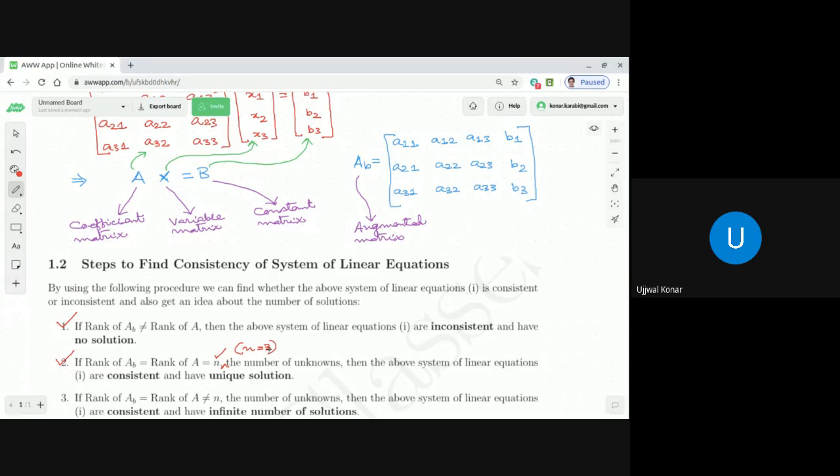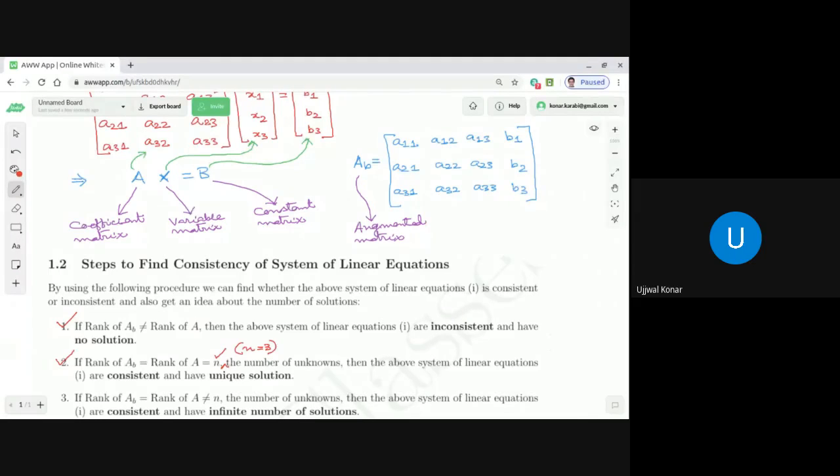Correct? So if the rank of the augmented matrix is equal to the rank of the coefficient matrix is equal to the number of unknowns, because rank of a matrix is a natural number, dear students. Suppose in this particular case we find the rank of the augmented matrix equal to 3 and the rank of the coefficient matrix equal to 3, then we see there are 3 unknowns.